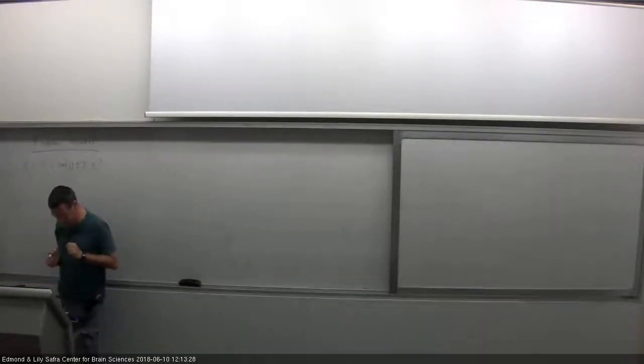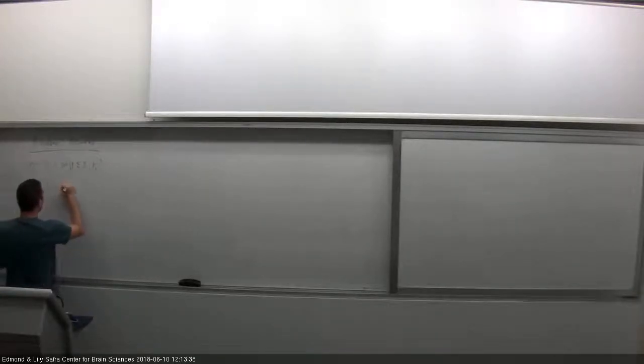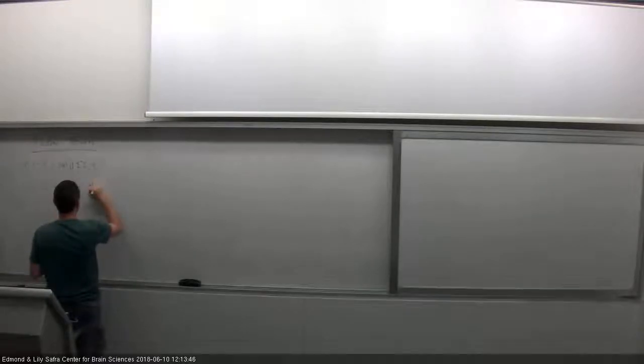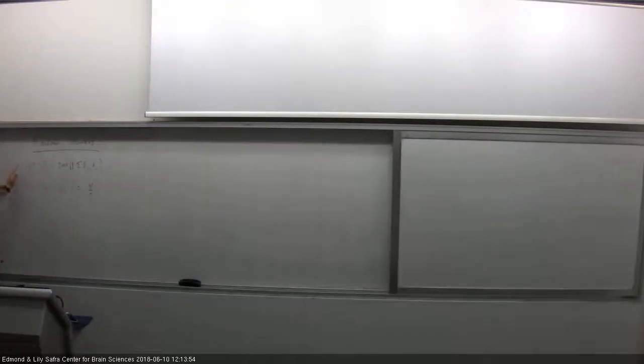And we will consider the case in which Jij is equal to Jji, and it is drawn from a normal distribution with a mean of zero and variance G squared over N. And the question: what do we expect the behavior of this network to be? What's the expected behavior of this network?